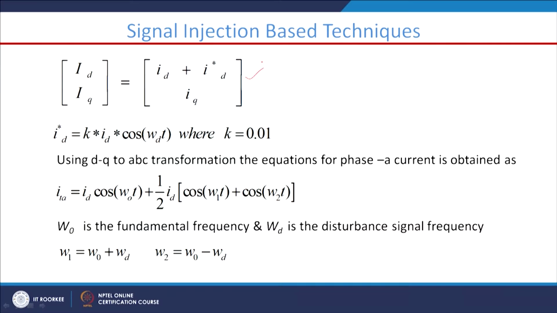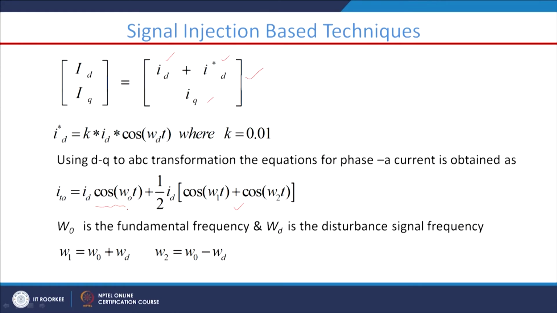And this is how this particular ID looks. This ID is the actual current and this ID star is the disturbance current, and IQ we are not going to disturb. After this disturbance and converting from the DQ frame to the ABC frame, this small ITA stands for the instantaneous current of phase A. It looks like this.